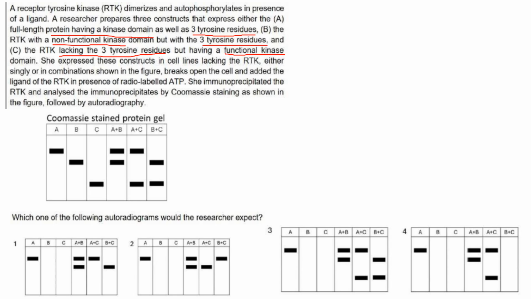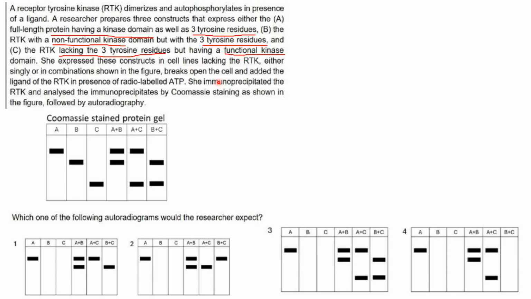She expressed these constructs in cell lines lacking the RTK, either singly or in combination shown in the figure. So either A, B, C was single or A plus B, A plus C, B plus C combinations were used and expressed the constructs in cell lines.